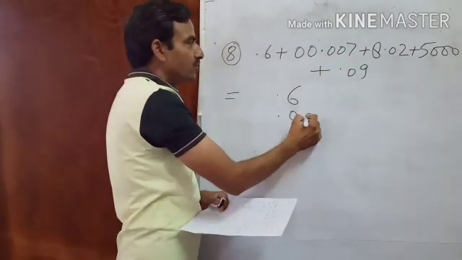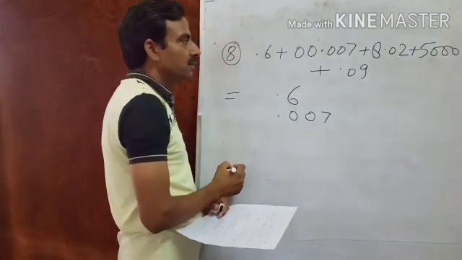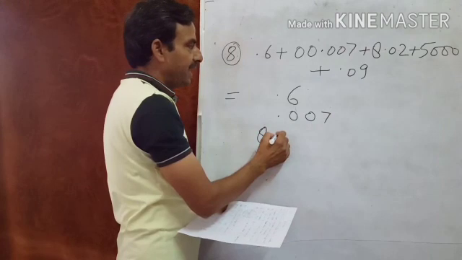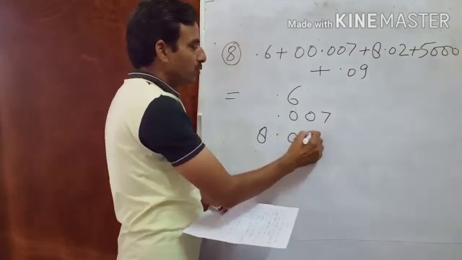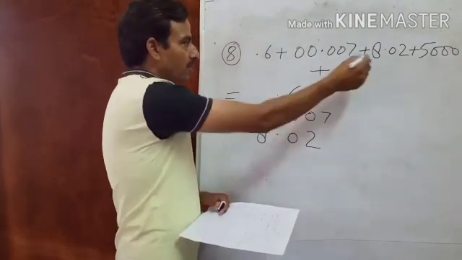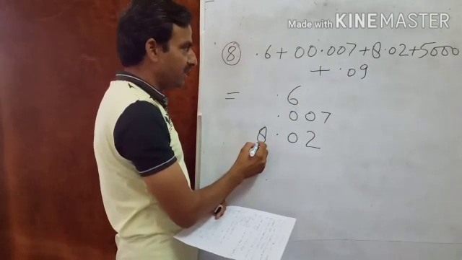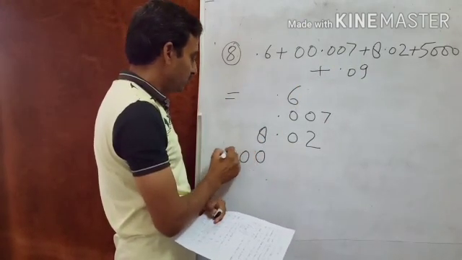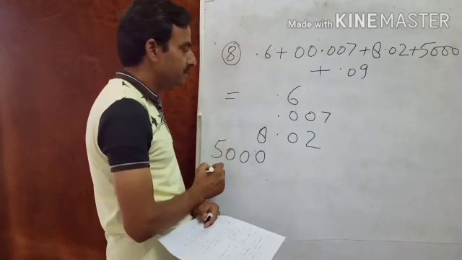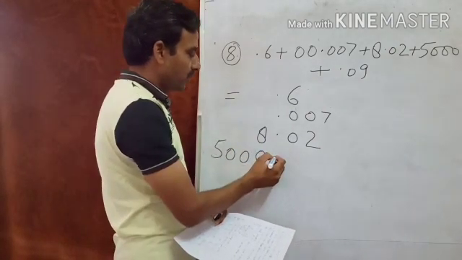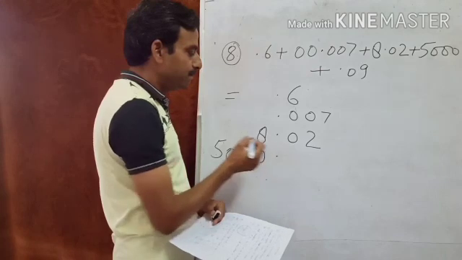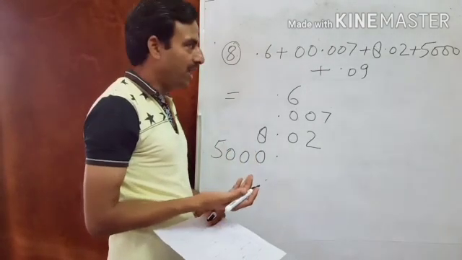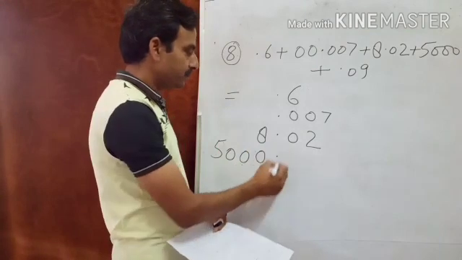We write 0, 0, 7. In this, 8 is the whole number. We write 8 this side. 0.02. 5,000 is a whole number. Ones under ones. 8 is ones. 0 is ones. 0, 0, 5. You can write decimal over here. No problem. After any number, if you write a decimal, the value of that number will not change.